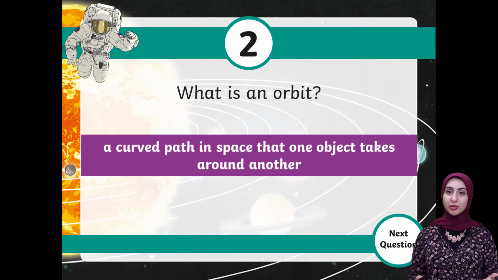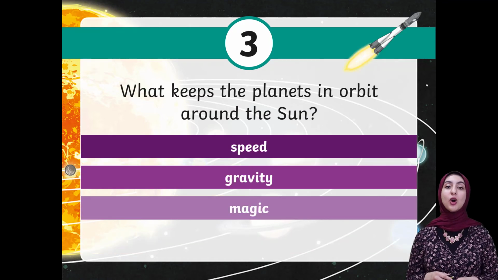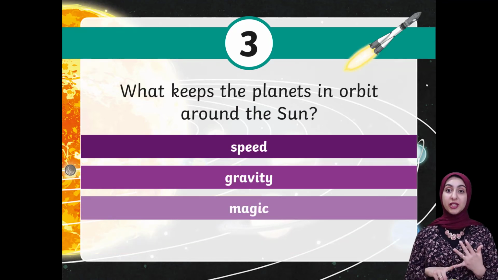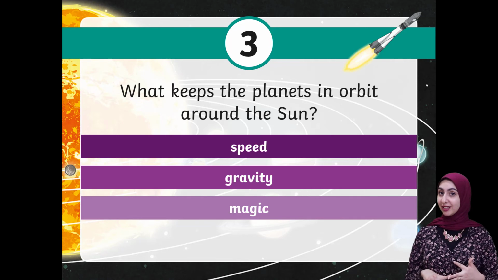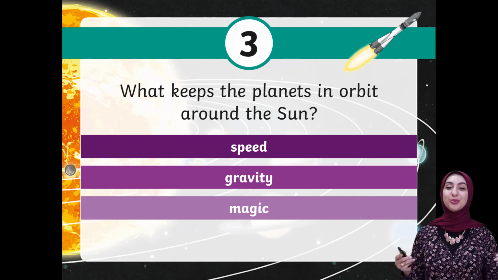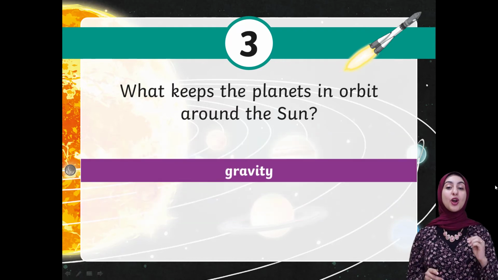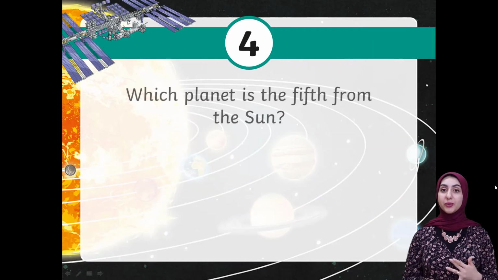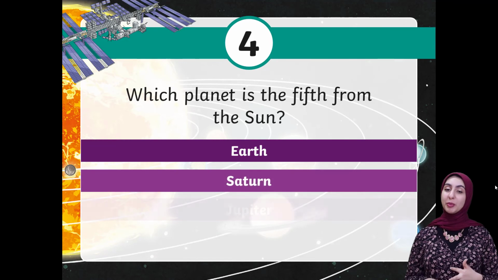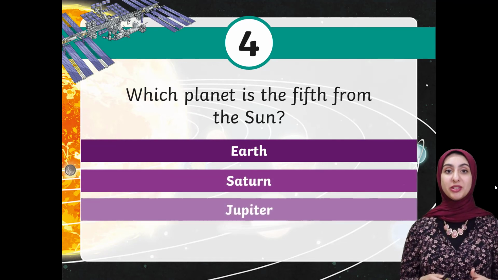Okay, question number 3. What keeps the planets in orbit around the Sun? Speed, gravity, magic? Yes, of course, gravity. Which planet is the fifth from the Sun? Earth, Saturn, Jupiter? Yes, of course, Jupiter.